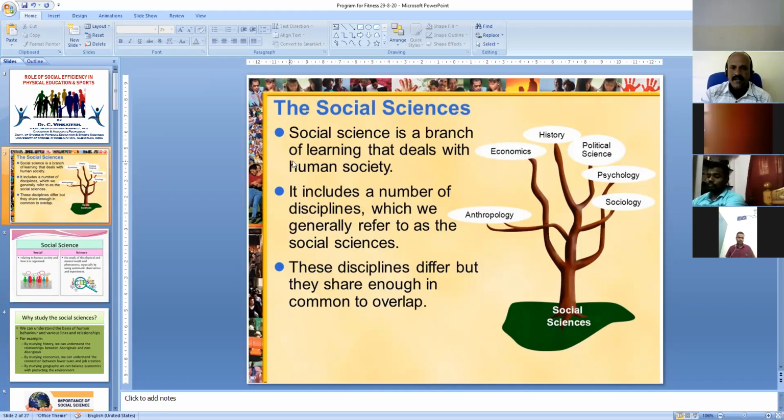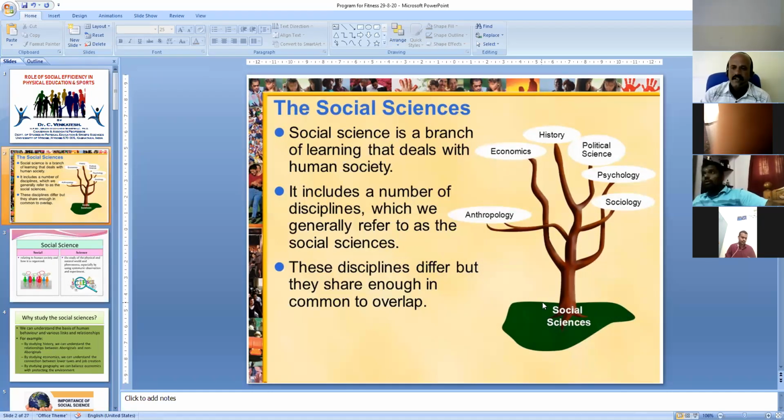Social science is a branch of learning that deals with human society. All sports persons are involved in society, so a sports person is a part of society, and there the sports person has to be a desirable human being inside society. It includes a number of disciplines which we generally refer to as the social sciences.